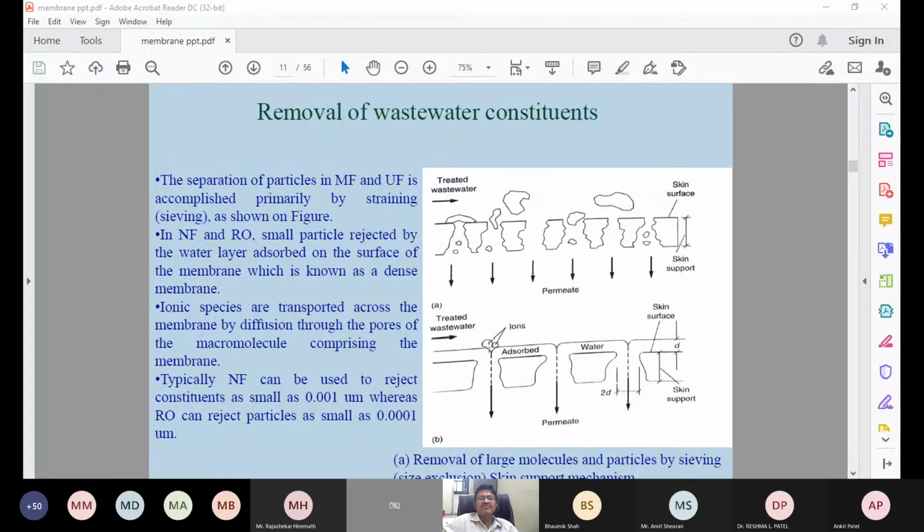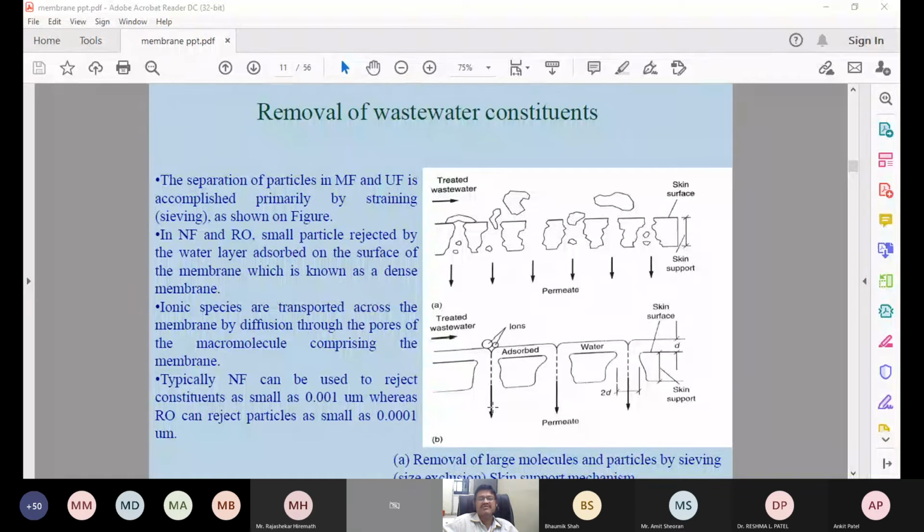In NF and RO, what is happening is that this pore size is there, but there is another thing: an adsorbed water layer will form on the surface of the membrane, and therefore it becomes a dense membrane, and ionic species are transported across the membrane by diffusion.